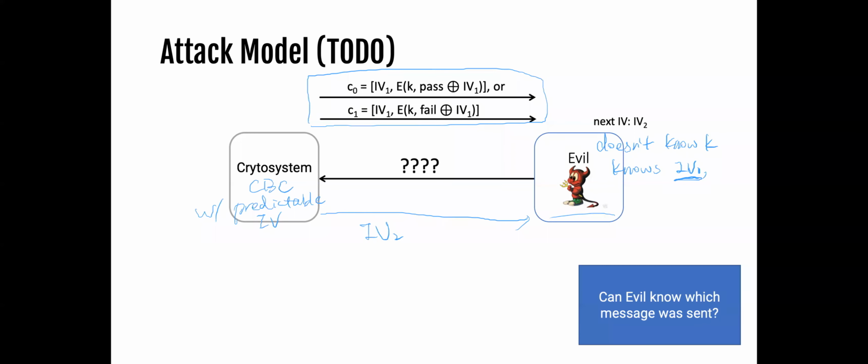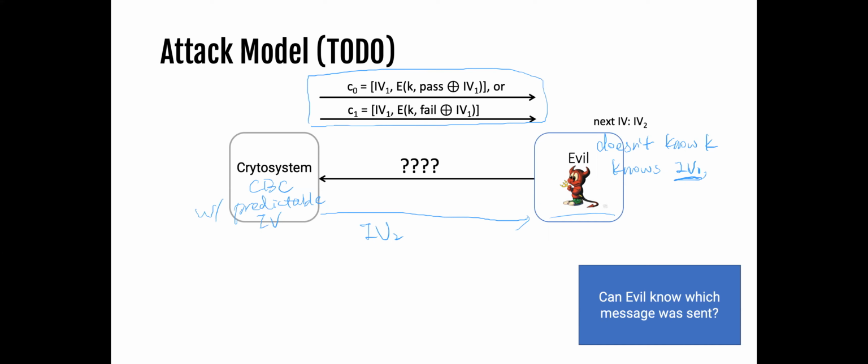So let's say pass and fail are the plain text, and Evil's goal is to infer with 100% guarantee which message is the previous one. Is the previous plain text pass, or is it fail? So there are two possibilities that you're trying to choose from.